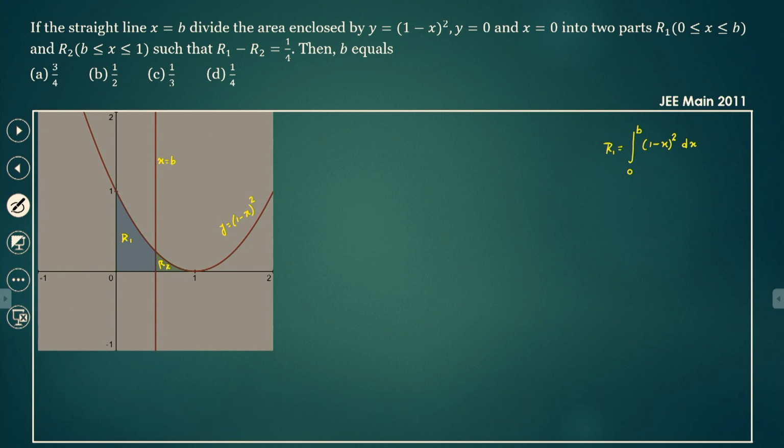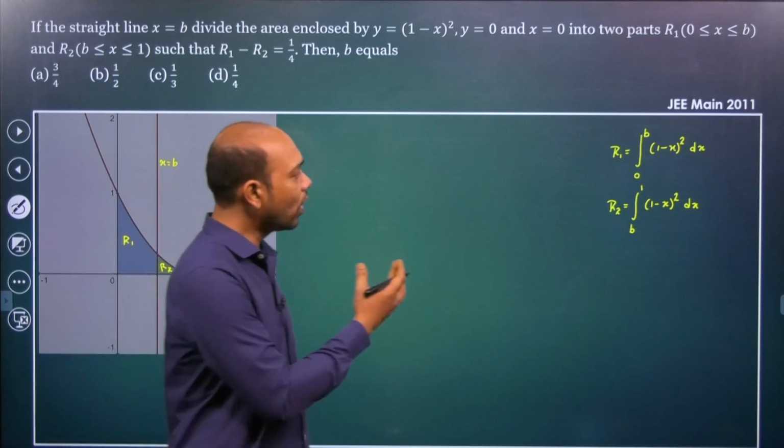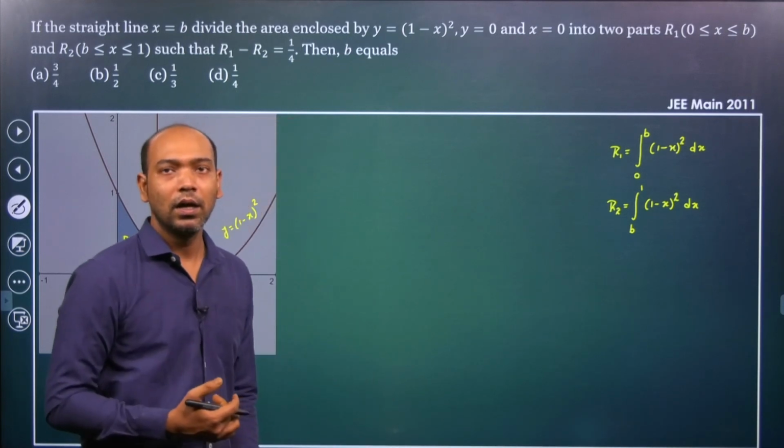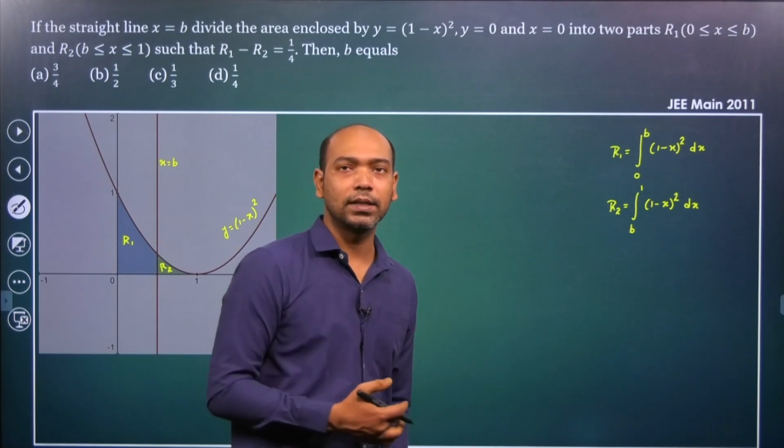If I talk about the area R2, it will be the same, from b to 1, of (1 minus x) whole square dx. So somehow we need to be able to find the integration of (1 minus x) whole square dx.